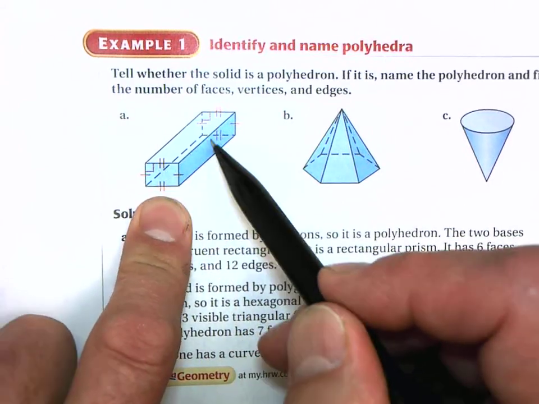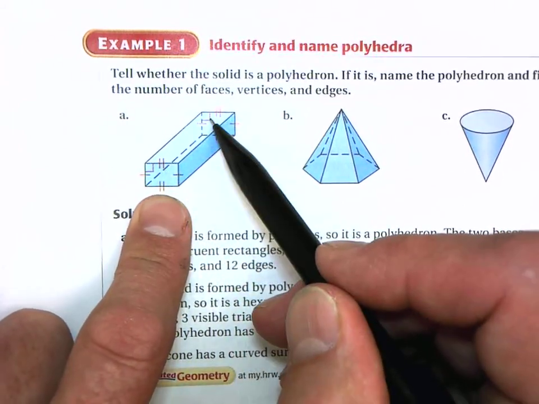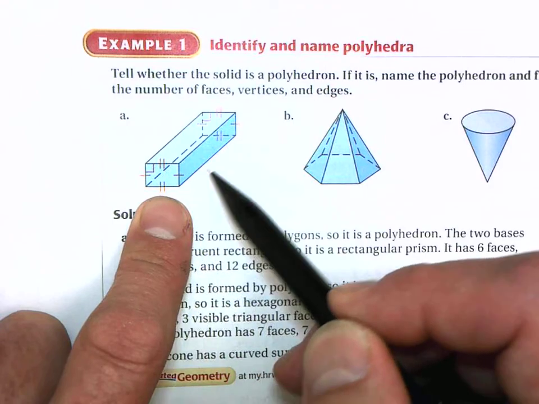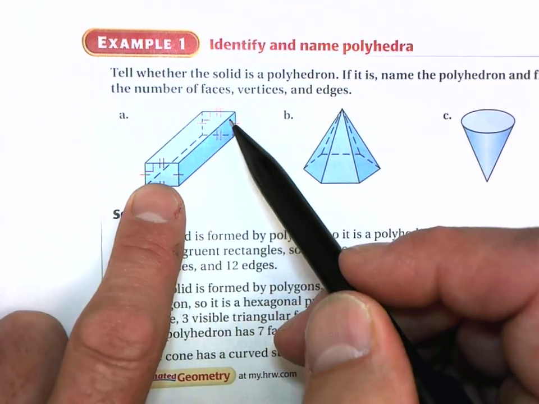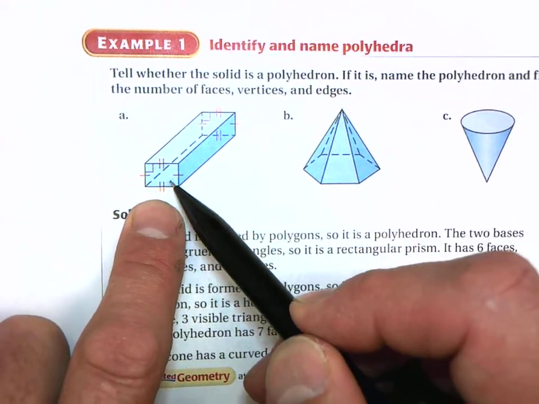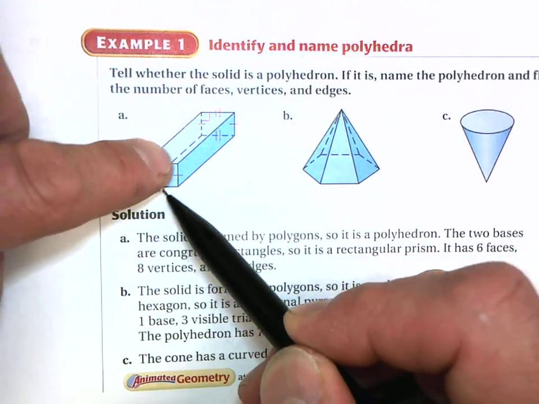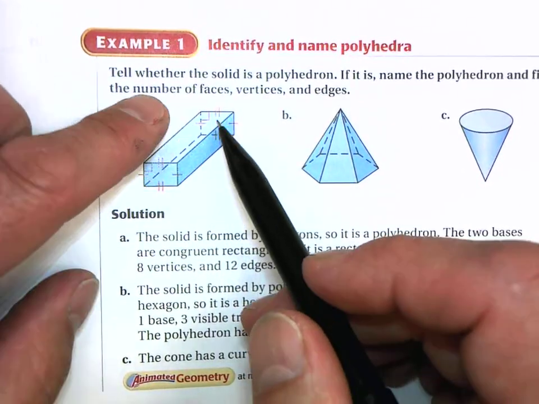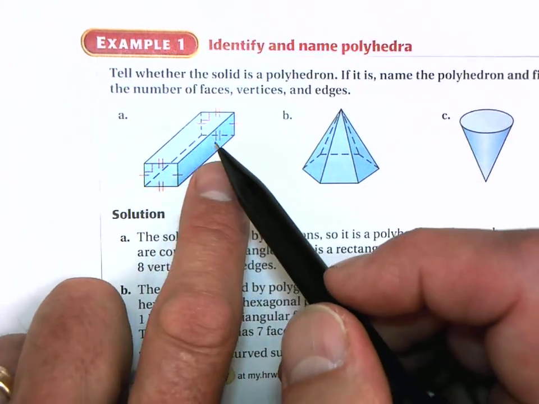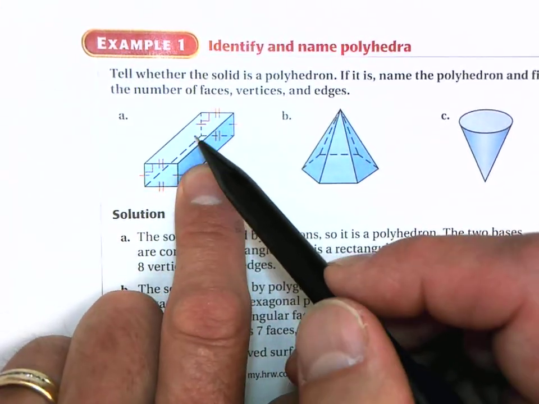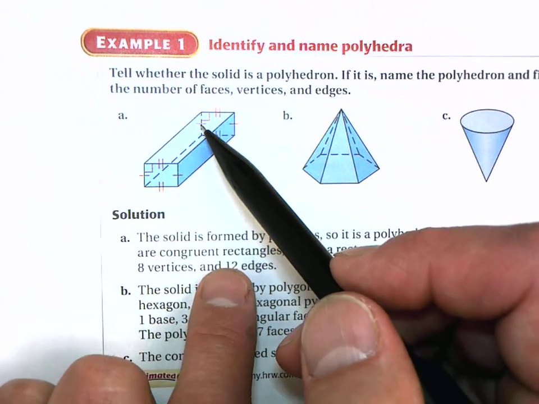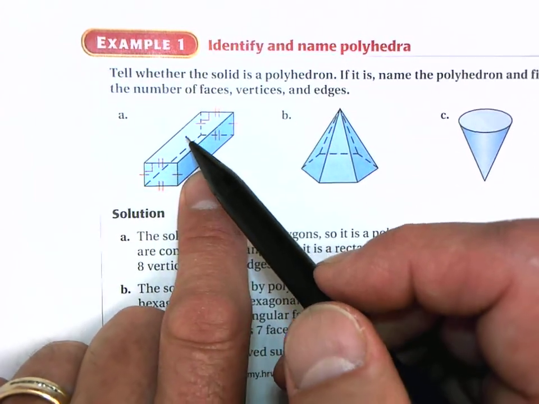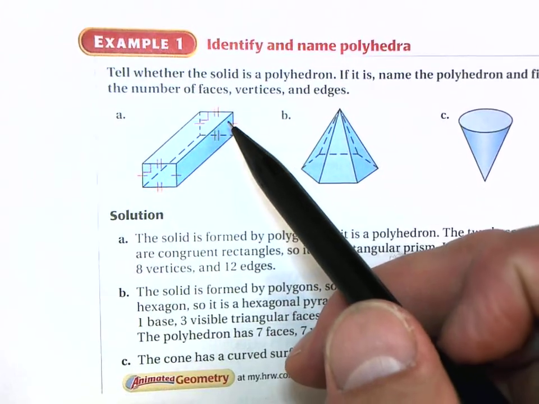And since they are polygons, therefore we can call them faces. So all these surfaces are faces. And then we found two faces that are congruent and parallel. So let's call those faces bases. There's a base on the bottom and a base up on the top here. And because we have two bases, therefore this is going to be a prism.